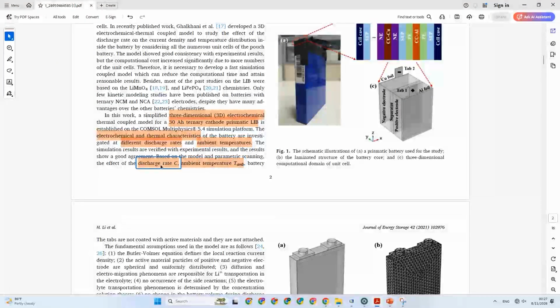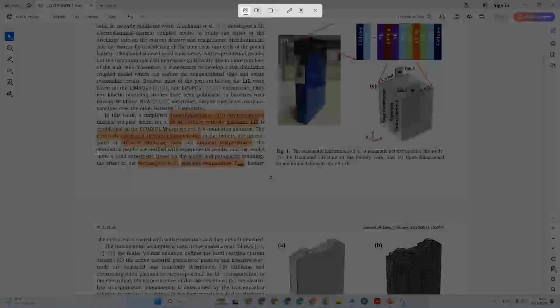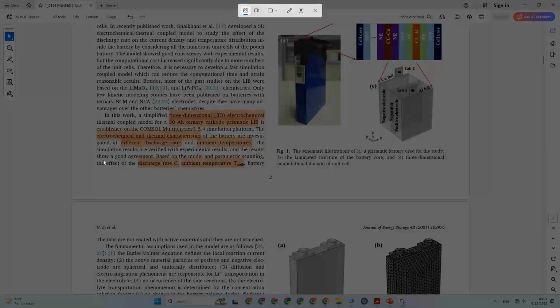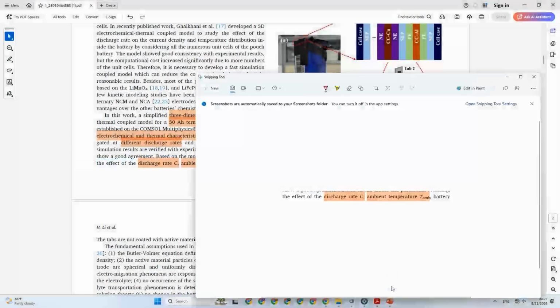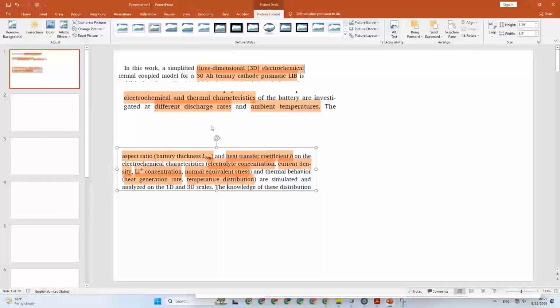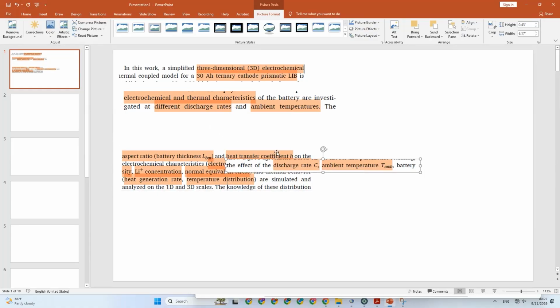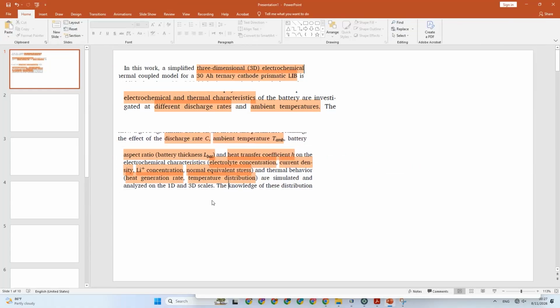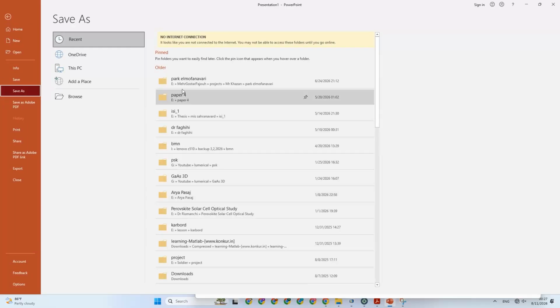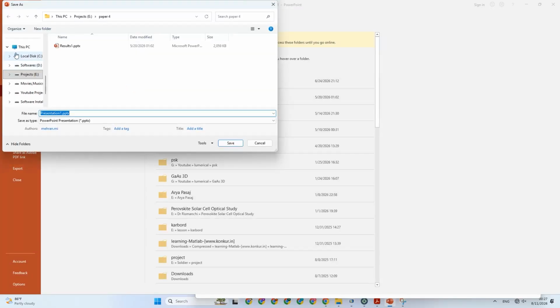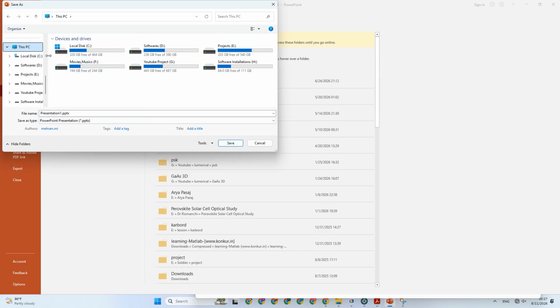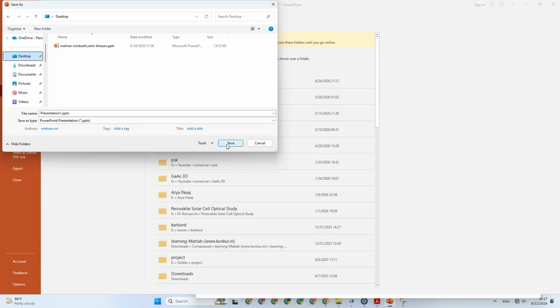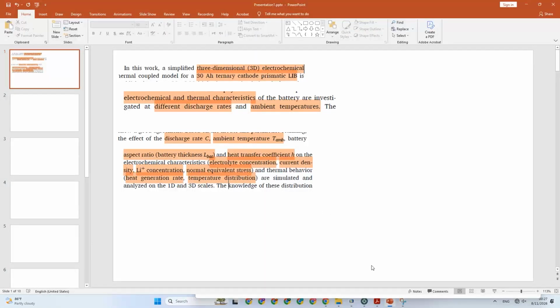Okay, this line was missed. I bring it here. These are very important. I can save it, for example, on the desktop. Nice, we continue.